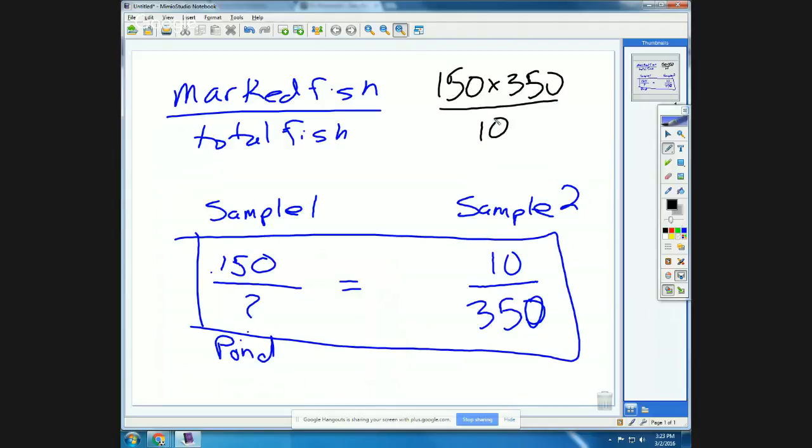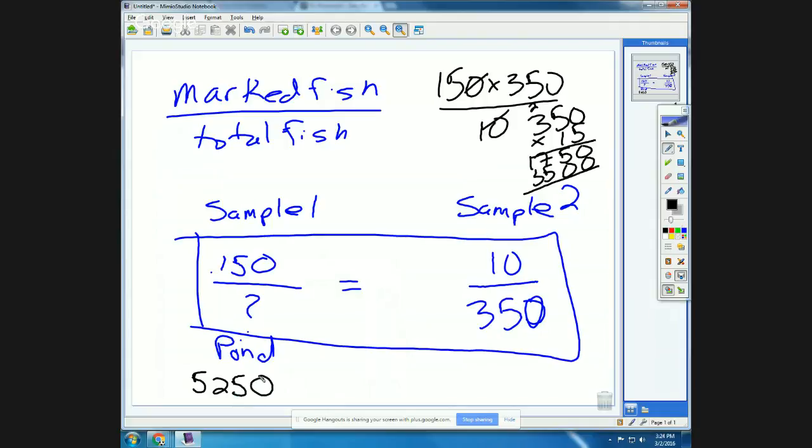So whatever 15 times 350 is, let's say I could do it with multiplication. 5,250.